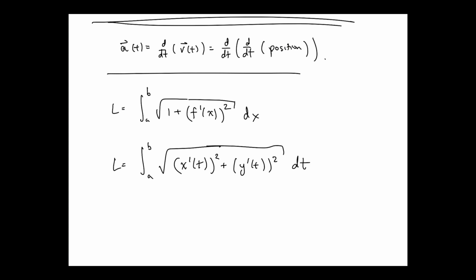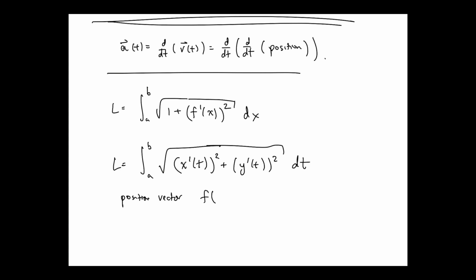Now, the reason I like that particular view is because what is my velocity vector? Well, if I have a position vector, let's say it's f of t, that's x of t, y of t, then the velocity vector is x prime of t, y prime of t.